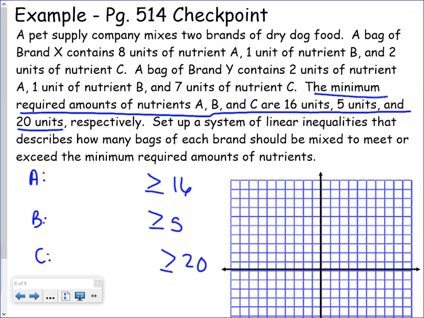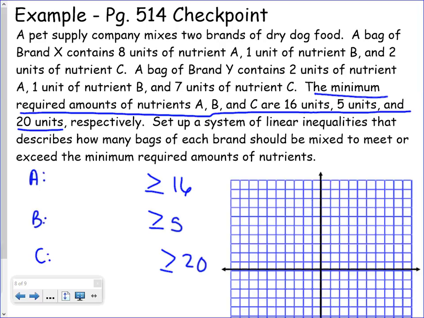Now the issue is that you have different brands of dog food that you can buy, right? Brand X has a certain number of nutrients, 8A, 1B, 2C, while brand Y has 2A, 1B, 7C.